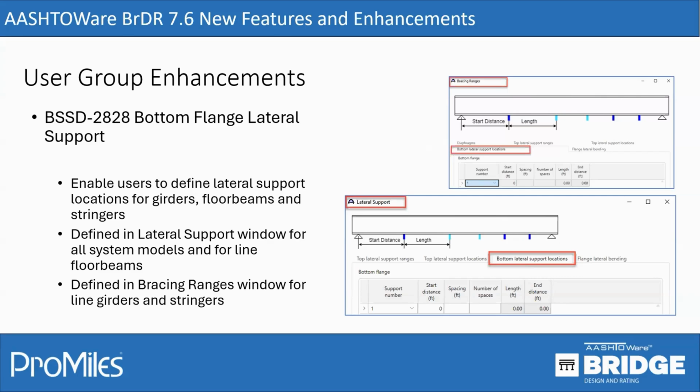This is enabled for floor beams as well as girders and stringers. So this allows the user to set those points discretely. And this is in the lateral support window or bracing ranges window, depending on the member type that you are setting up.